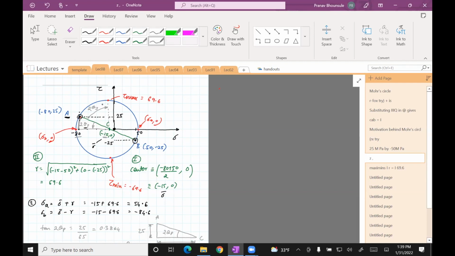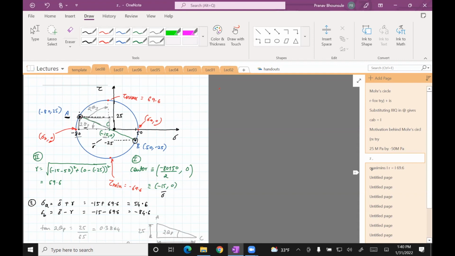Okay, so I'm going to try to find that angle by using trig. In order to prevent clutter, I'll draw this triangle here. Once I draw this, I'll be able to find 2 theta s, and then I will be able to draw the plane stress element when it is rotated.